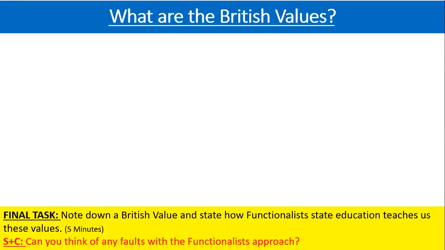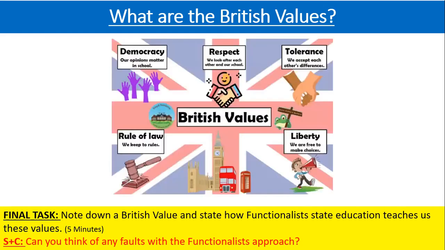So what are the British values? This is just an example of some of the things that coincide with the functionalist theory and what they're talking about, that are actually used in schools across the country. Things like tolerance, that's the idea there, and respect, which links into the idea of rules and punishment.